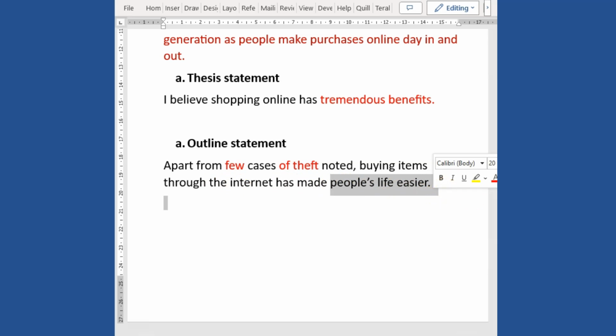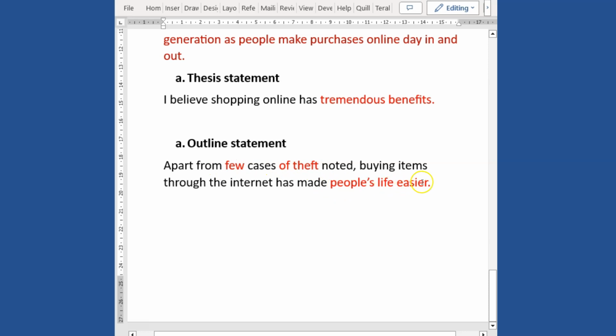First of all, I'm going to tell the examiner that shopping online makes the life of people easier, aside all these things that we have been talking about, that there are theft cases. Okay, so these are the disadvantages I saw, and these are the advantages I saw.